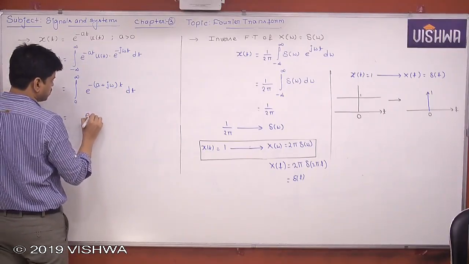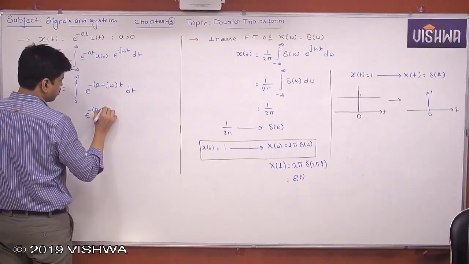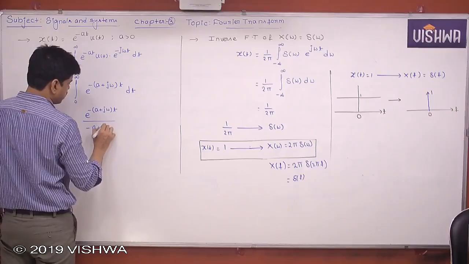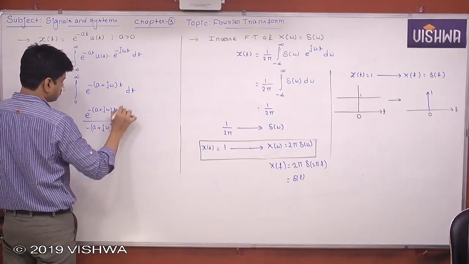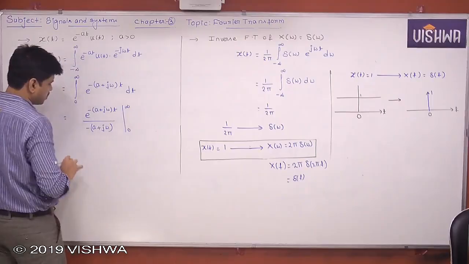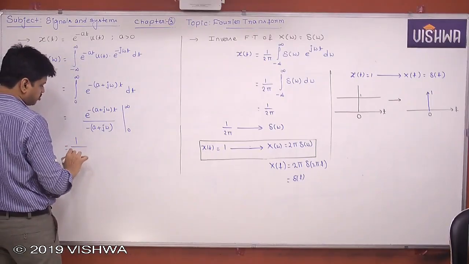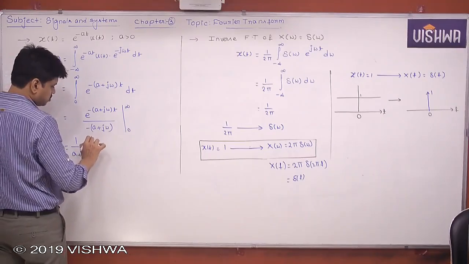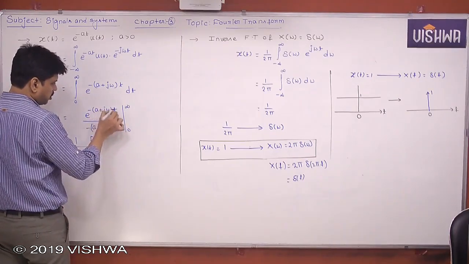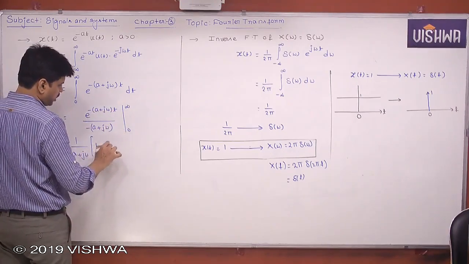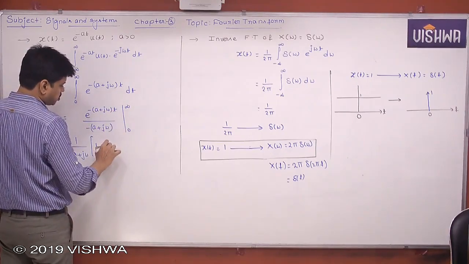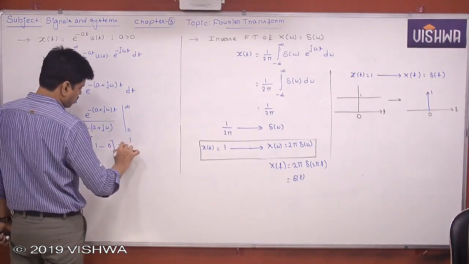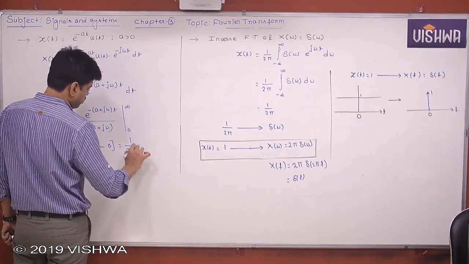For this integration, e power minus a plus j omega t by minus a plus j omega, from 0 to infinity. Because of this negative sign, first I substitute the lower limit: e power 0, which is 1, minus e power minus infinity, which is 0. So finally, 1 by a plus j omega.